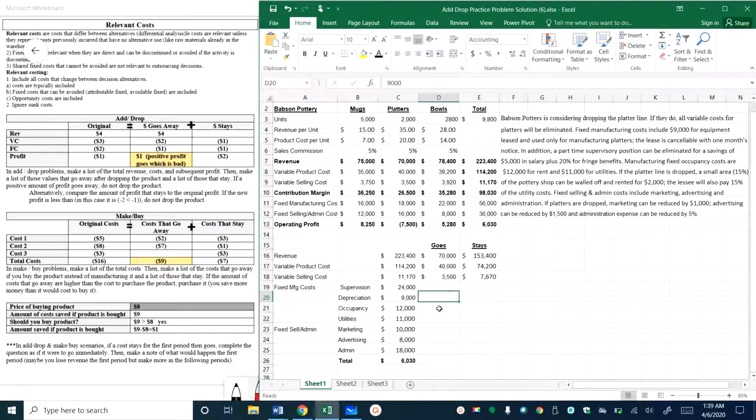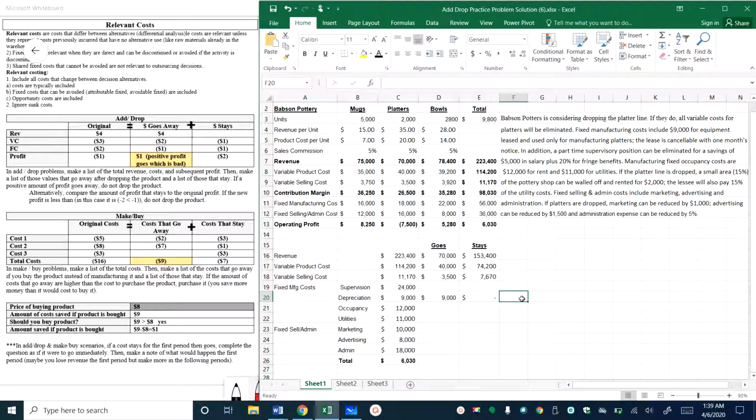A lot of people, because this is a quarter, do 3/4 of 9,000 leaving immediately and say that one month would stay. However, we want to think in the middle term, so we're just going to pretend that it's all leaving immediately, and it's only for the platter, so nothing would stay.